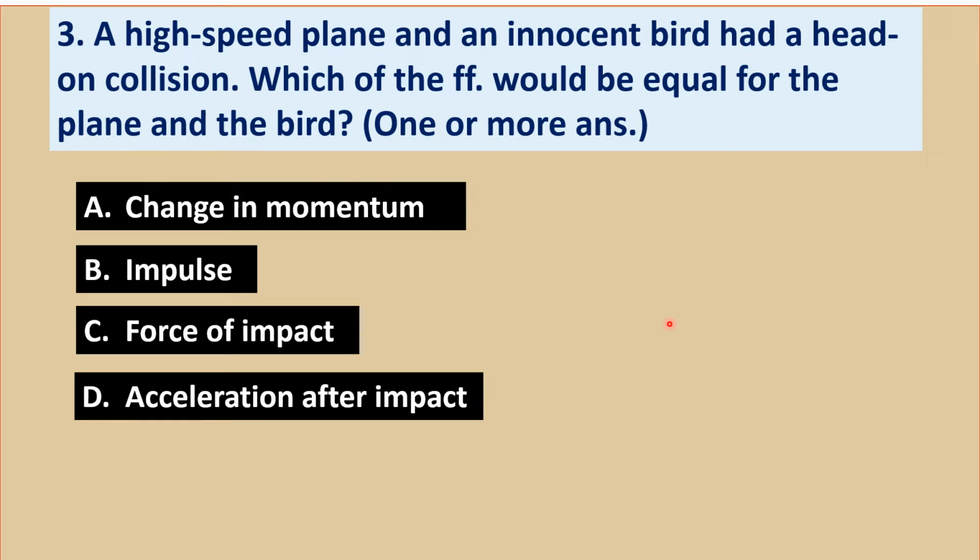Okay, which among these choices are equal for the two bodies, the airplane and the bird? Okay, so I just said that the key to this question is Newton's third law of motion.